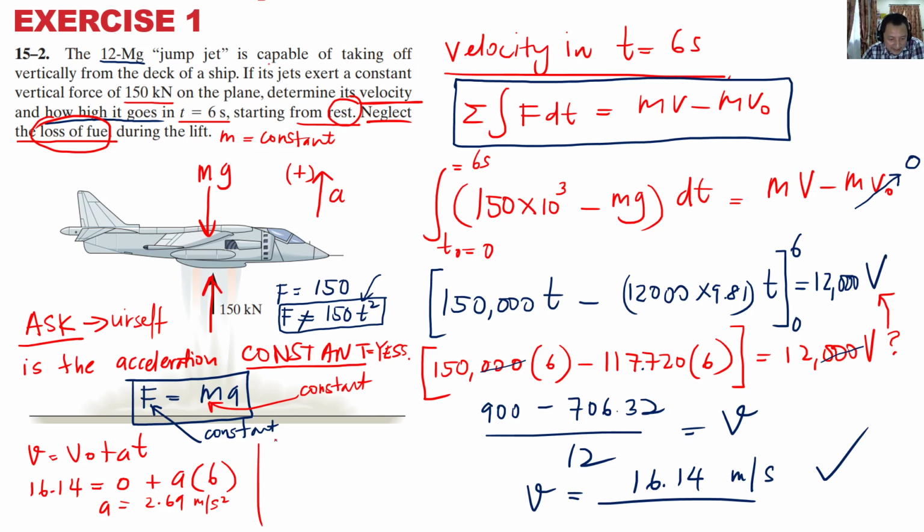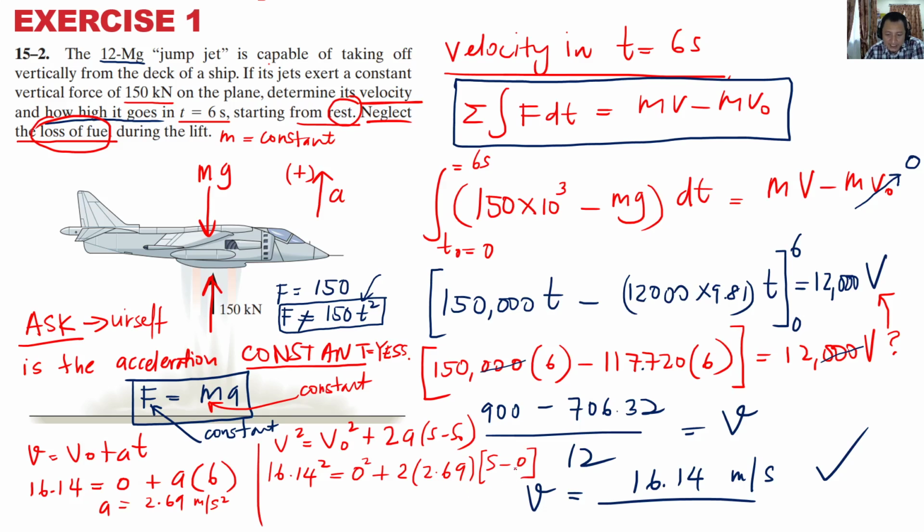Use the third formula again. V squared is equal to V naught squared plus 2a times S minus S naught. So the final velocity is 16.14 squared. The original velocity is 0 squared, plus 2 times 2.69 times S. S we don't know, S is not 0.